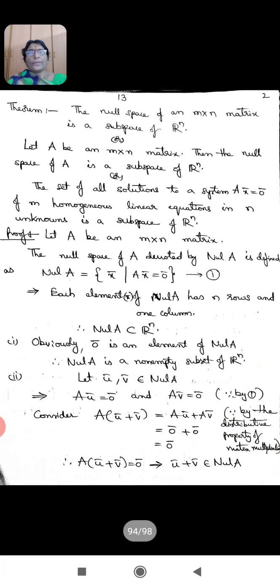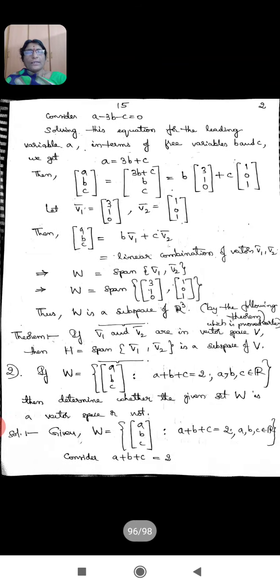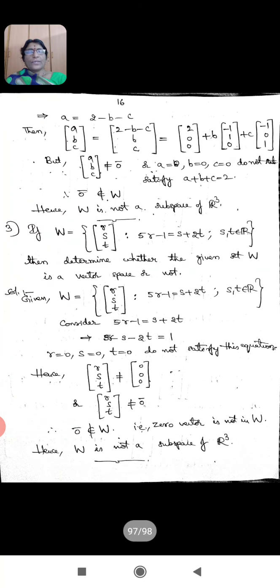The theorem we have proved today is that the null space of an m by n matrix is always a subspace of Rn, where Rn is the n-dimensional space consisting of n by 1 column vectors of real numbers. So this is what we did in today's lesson.